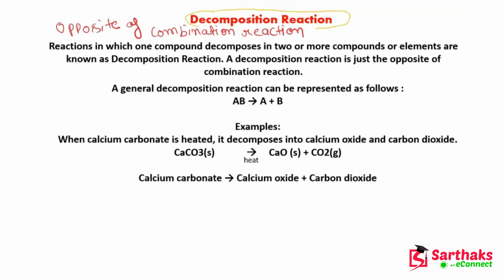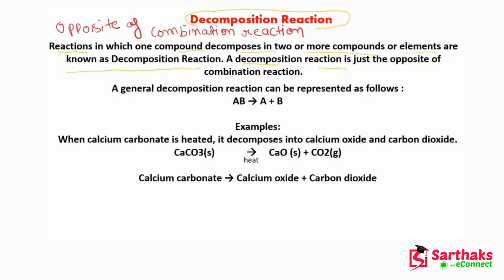Now guys, let's read this. A reaction in which one compound decomposes into two or more compounds or elements is known as a decomposition reaction. So a decomposition reaction is just the opposite of a combination reaction.